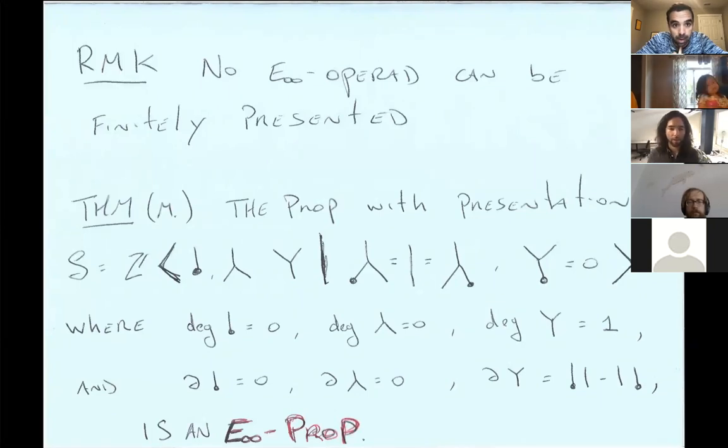Now, the gadget that I want to discuss with you is this prop that is given through the following presentation. We're going to have two generators, like in the Comm case, in the commutative operad, but we're also going to include this 2-to-1 guy that breaks the operadness of the situation.